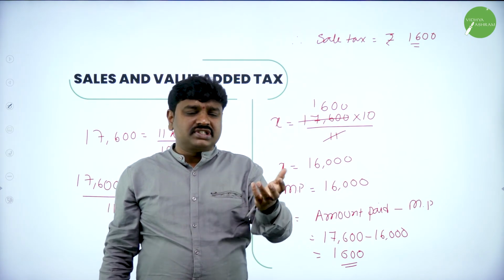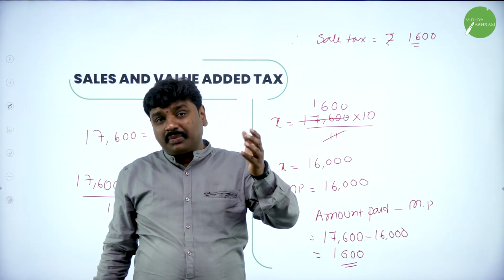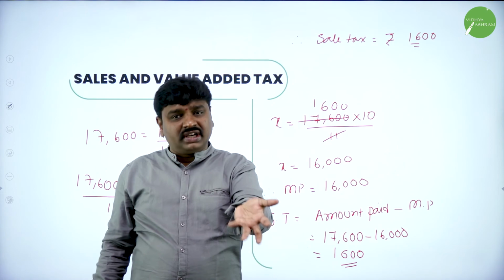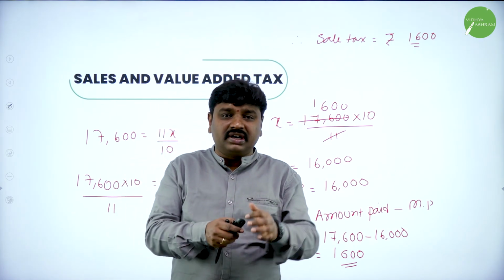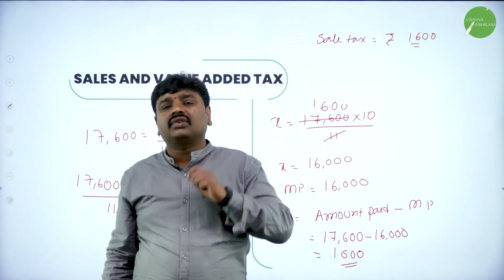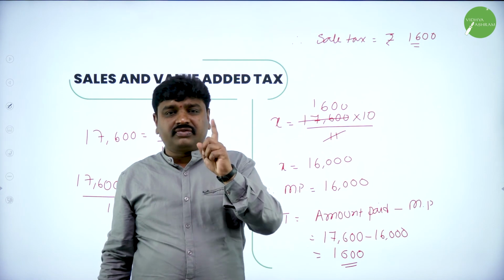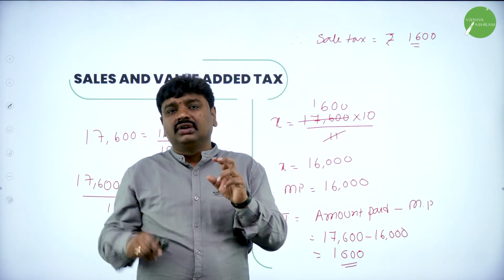First the shopkeeper purchases from the wholesaler and pays tax to the government. Then he sells to the customer, collects VAT from the customer, holds whatever he paid, and deposits the remaining to the government. So the total VAT is the first VAT plus the difference of the two VATs.